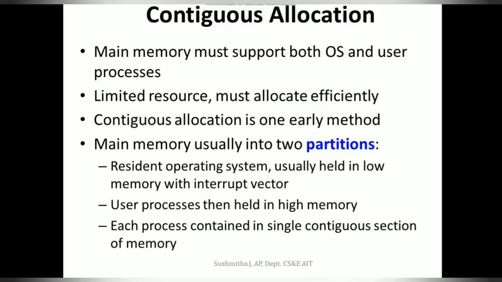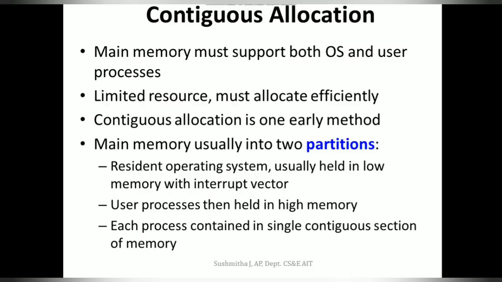We have seen it earlier also, and we know that protection is very important. Now, what do I mean by memory protection? I should be protecting my operating system from the user process.